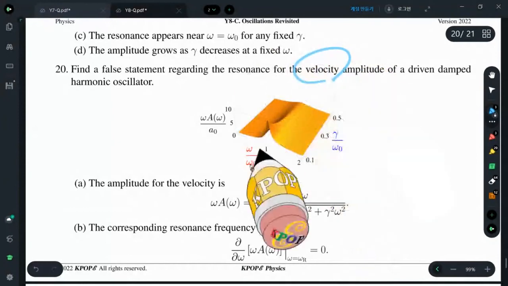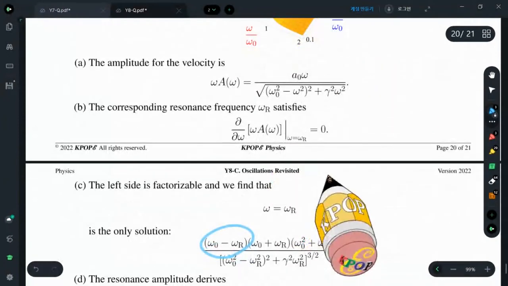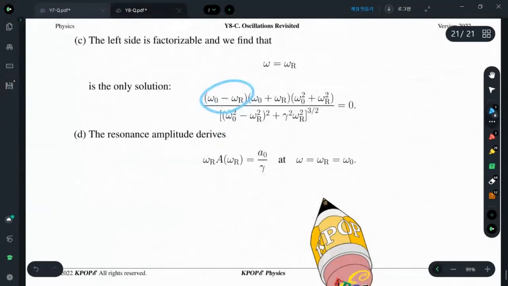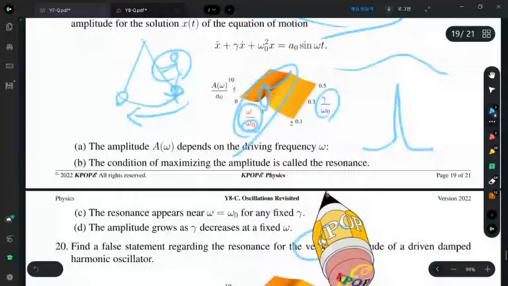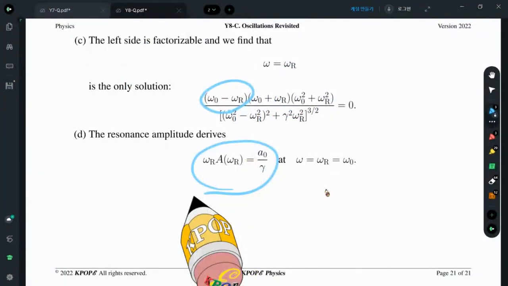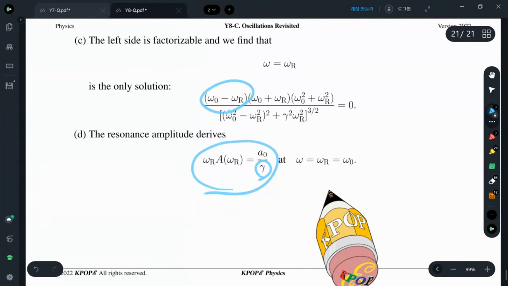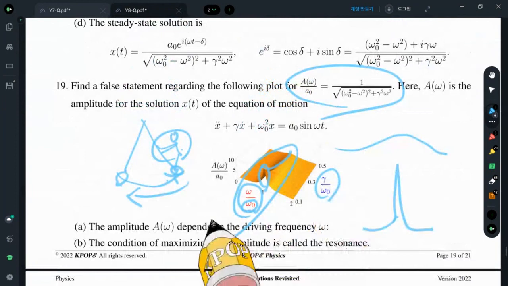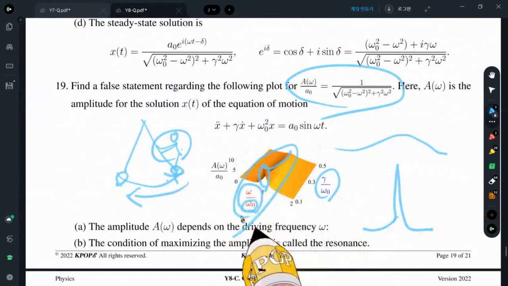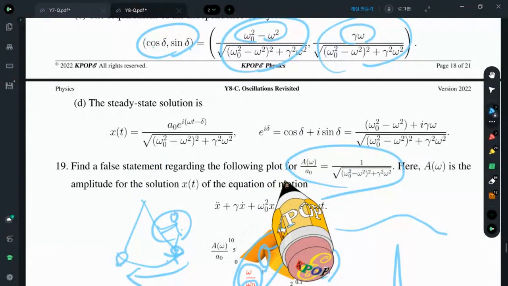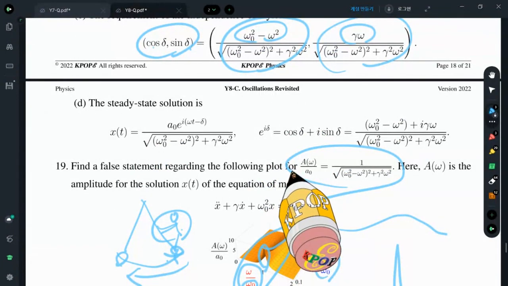So when we solve the velocity problem, the resonance appears in exactly the same as the frequency of the simple harmonic oscillator. And at that time, the amplitude has explicit value that is anti-proportional to the coefficient of damping force. And the expression for the frequency in here can be found in the Y8 original version, the lecture course.